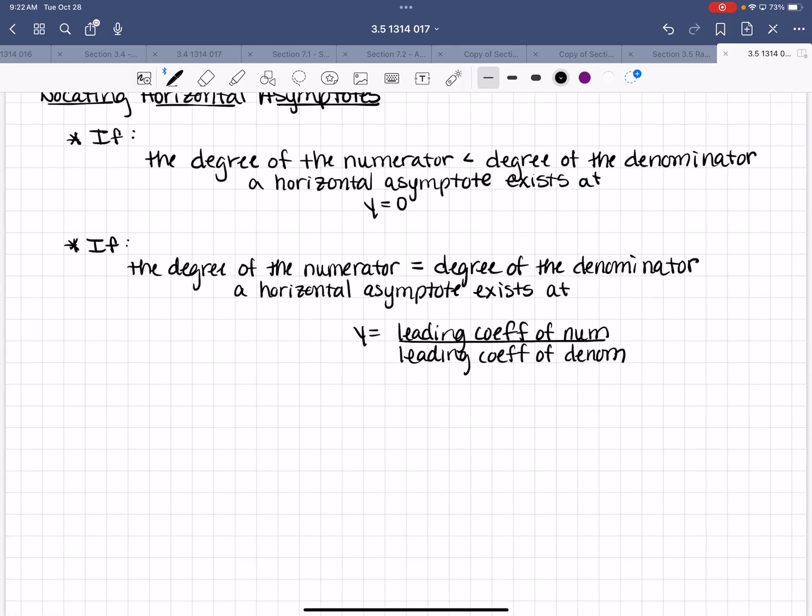Okay? Last case scenario, so we've talked about if the numerator is less than the denominator. We've talked about if the numerator equals the denominator in degree. Last one we have to talk about is if the degree of the numerator is greater than the degree of the denominator.